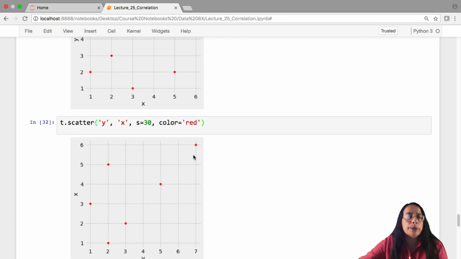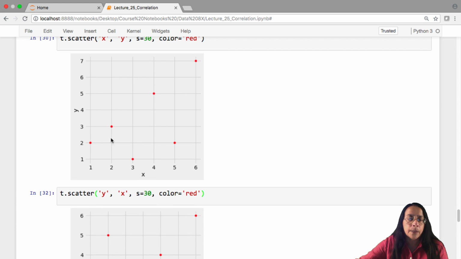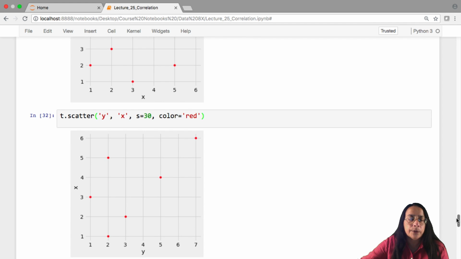What happens when you switch x and y is you flip the scatter diagram about the x equals y line. You're flipping these points about this x equals y line, that way. And so you still have a positive correlation.